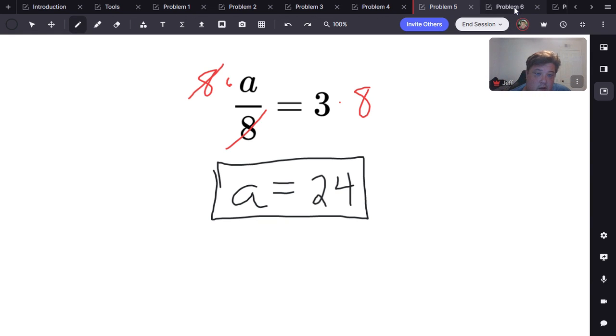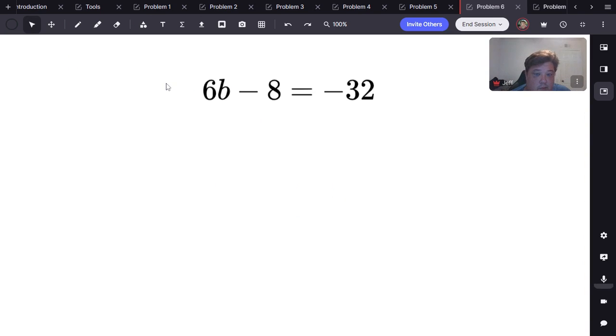All right. Let's check out problem 6. So now we're on two-step equations. Right? So it's going to take 2 steps to solve this equation. The first thing you need to do is take care of anything being added or subtracted to the variable.